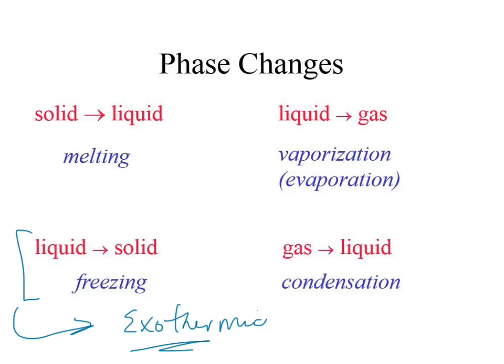Here in a minute, like I said, we're going to talk about the energy associated when matter changes phases. And these are going to be negative, the enthalpies. These are going to be negative, exothermic. And these are going to be positive, endothermic.